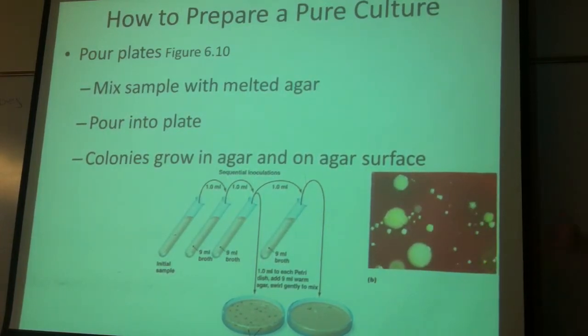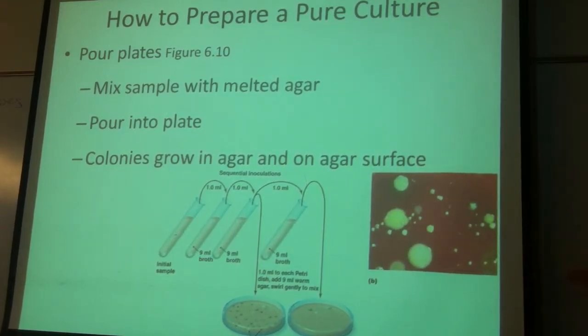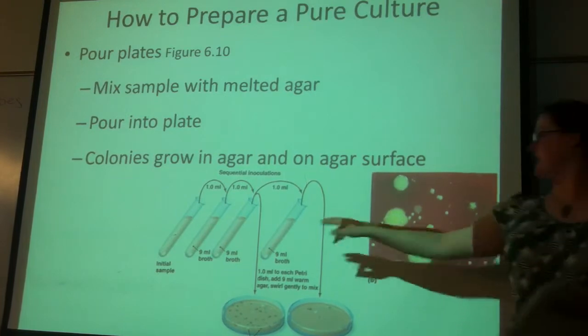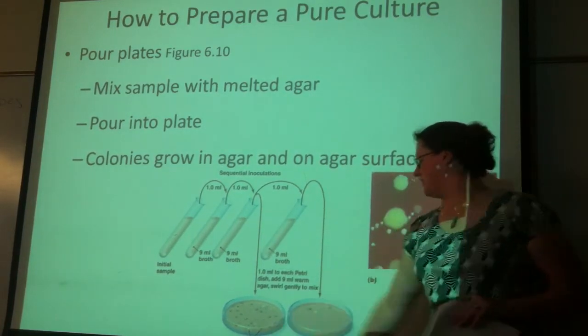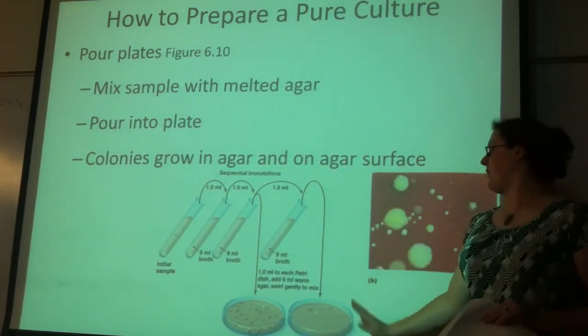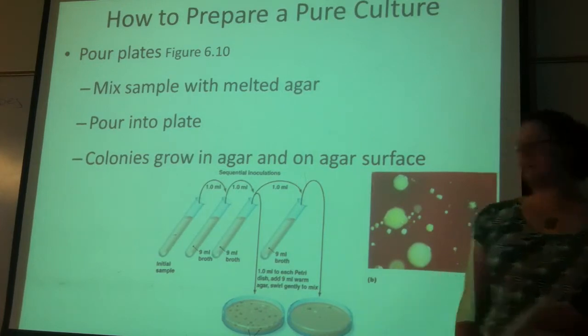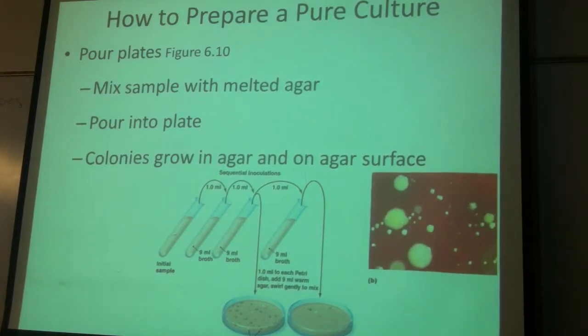Do it again, you get a 1,000-fold dilution. At, say, 1,000-fold you get a bunch of colonies, and at one more 10-fold dilution you'll get even fewer colonies. With each dilution you get fewer colonies because you're transferring less over each time.